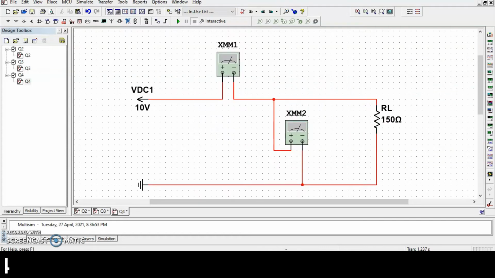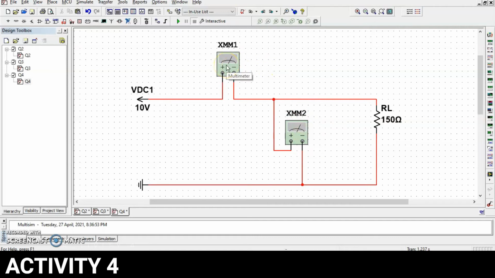Now for exercise 1A activity 4, we have the same circuit as the previous activity. Over here we have voltage reference of 10 volt, we have ground, and then we have RL set to 150 ohms. And over here we have the multimeter connected in parallel to the circuit to get the voltmeter reading.